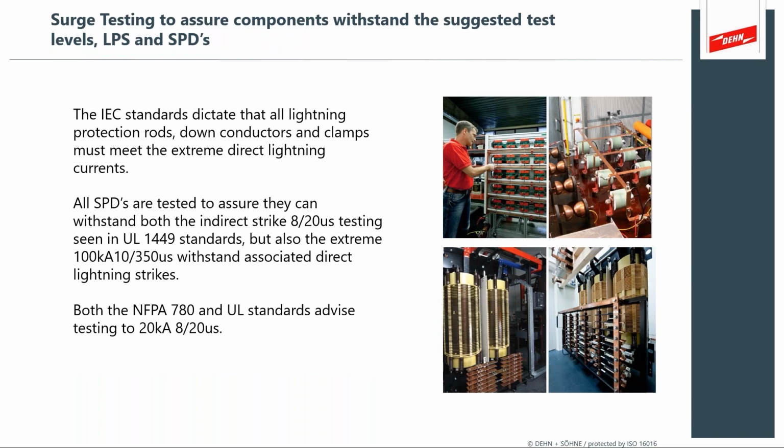Another really key difference between the standards is that the IEC materials are required to be tested for the purpose with injected lightning currents. Most of the NFPA materials are established by review of the mechanical parameters: the mass per foot of the down conductor, the diameters of the tips, the diameters of the earthing rods.